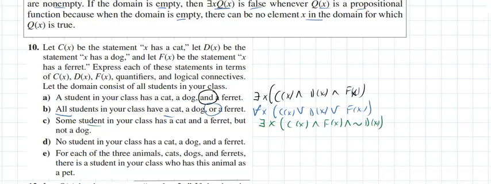D, no student in the class, so there exists no student in the class with a dog and, and lastly, for each of these animals, quantifiers, there is a student in your class who has this animal as a pet.